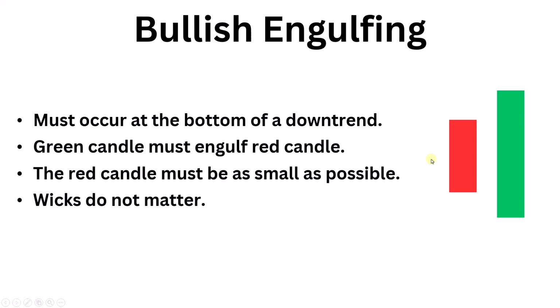It can happen in an uptrend too, meaning it can happen in the middle of an uptrend or at the top of an uptrend too. So if that happens, then we will not be considering it as bullish engulfing pattern. We consider it to be bullish engulfing pattern only if it appears at the bottom of a downtrend.